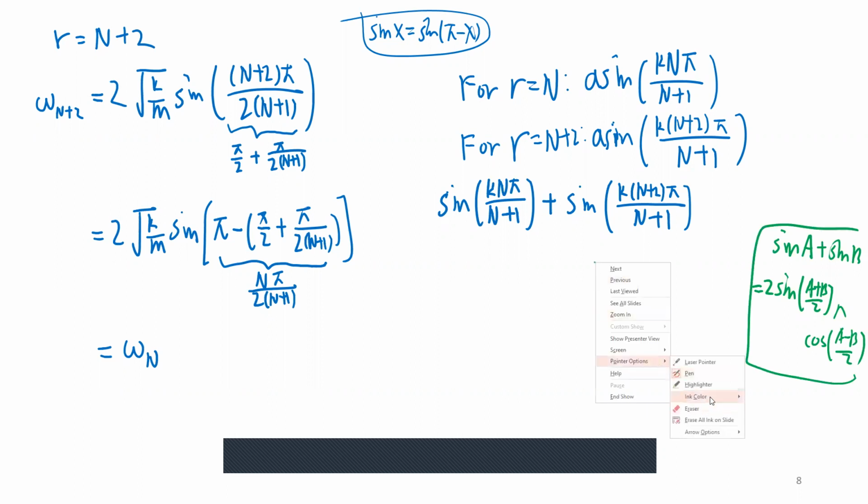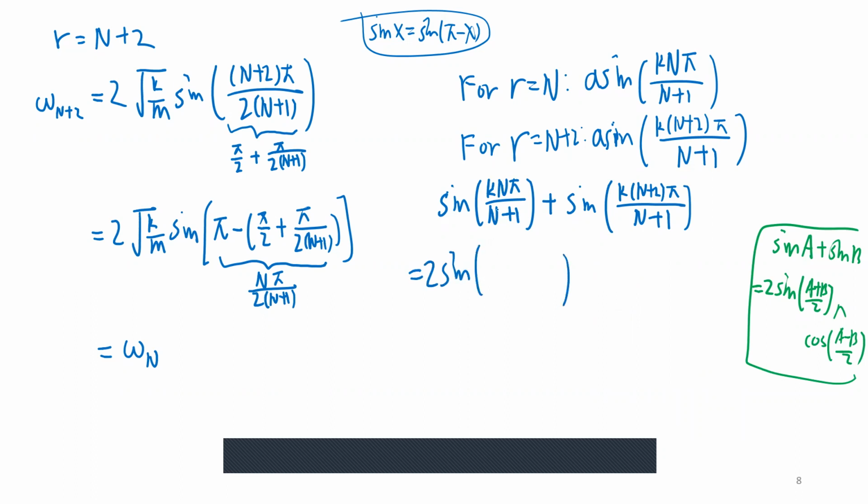Right, so then the sum of the two sine terms would be 2 sine of the sum of these two terms divided by 2.